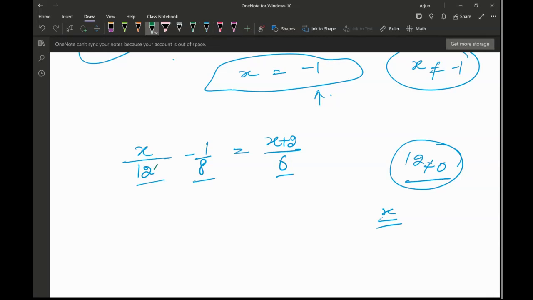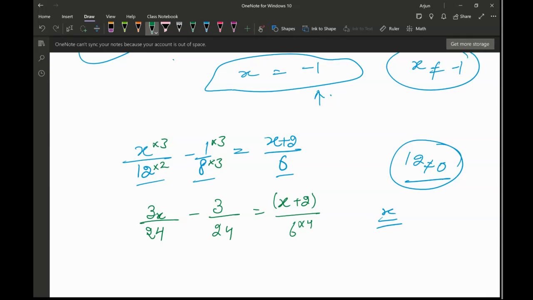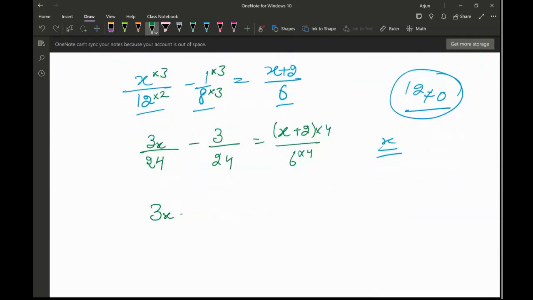So you will multiply this with 2, this with 3. So 3 here, 3 here. So this is 3x over 24 minus 3 upon 24 equal to x plus 2. And then you can multiply, this is 6, multiply by 4, multiply by 4. So 3x minus 3 over 24 equal to 4x plus 8 over 24.